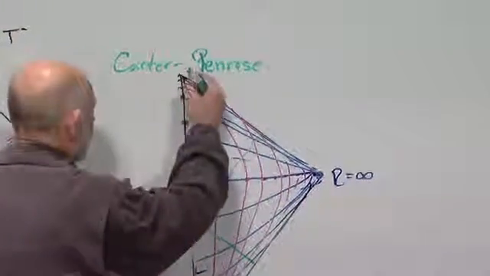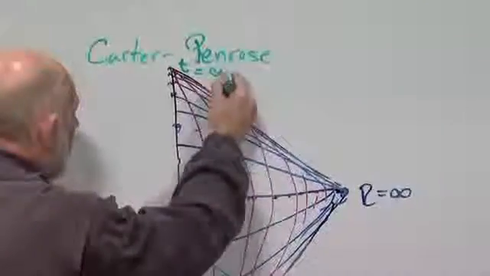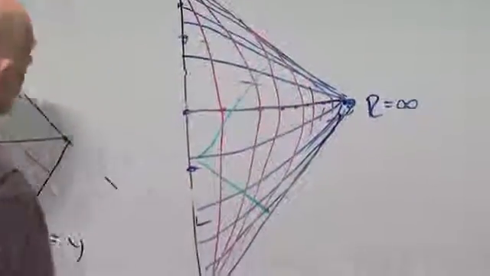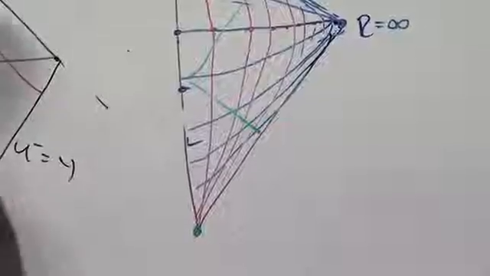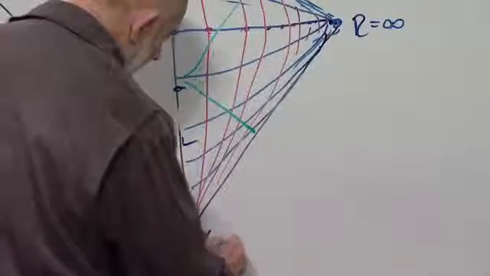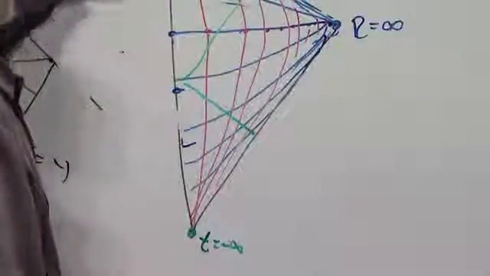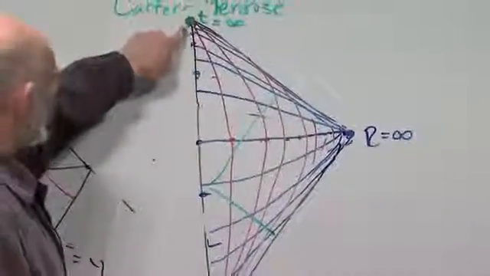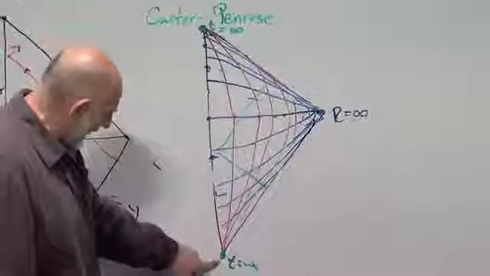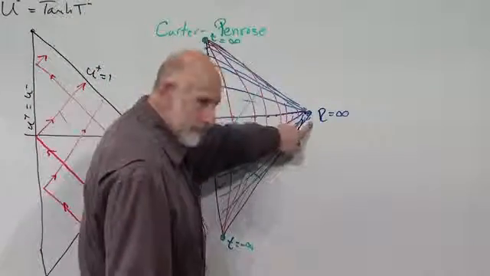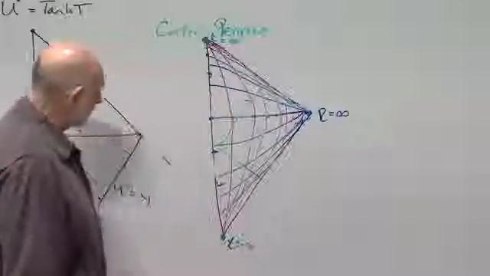That's this point. What about this one? That's t equals minus infinity. All right, so I'll give you the names. This is called future time-like infinity. This is called past time-like infinity. This is called spatial infinity, or space-like infinity.